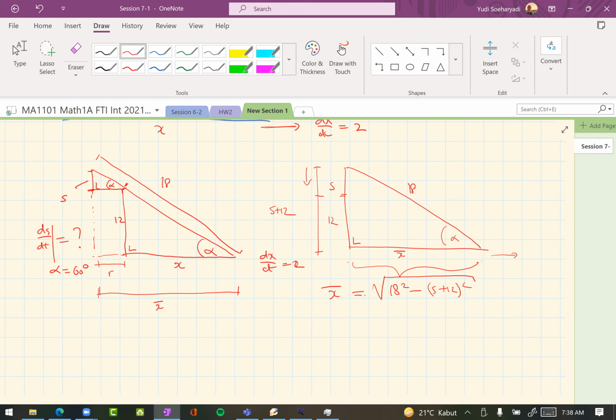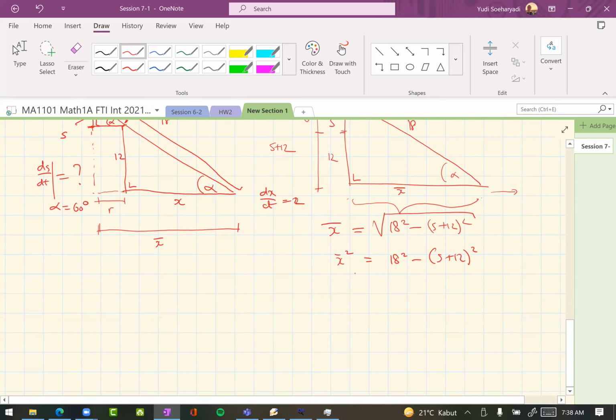So to say, this is X bar square. So then as usual, do implicit differentiation.